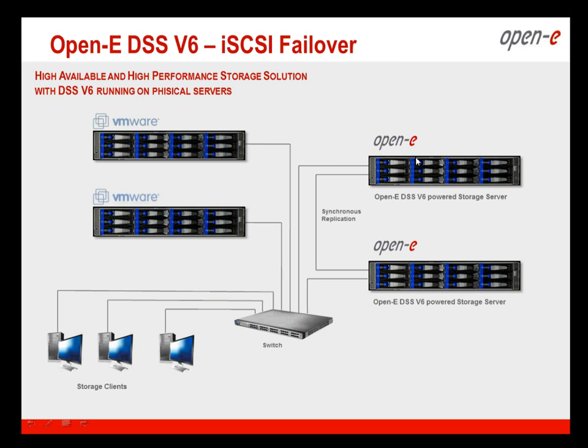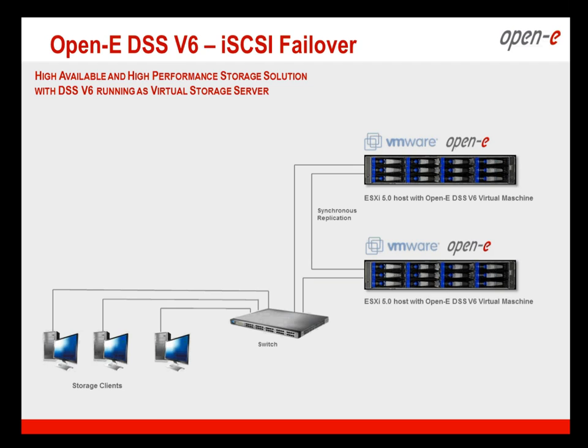Of course, with synchronous replication, so these two servers will appear as one single high available storage for our VMware hosts. And then clients will be happy using high available resources. So it can be some high available servers, or plenty of servers actually, or storage available to the clients.